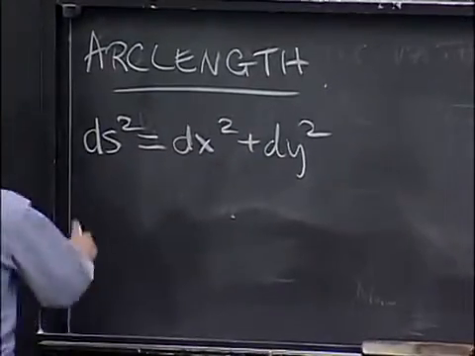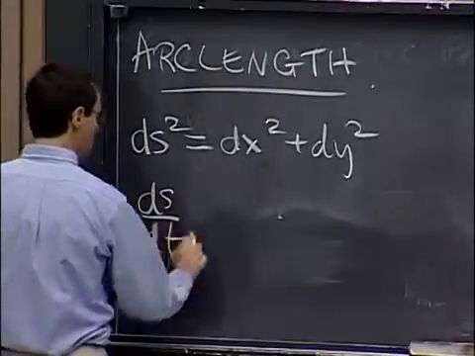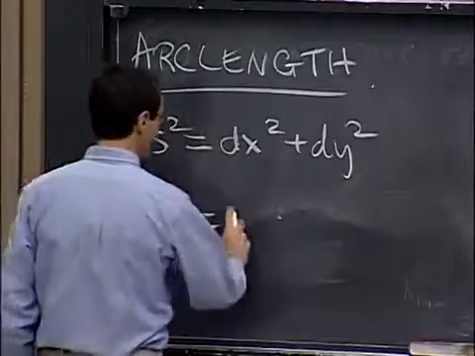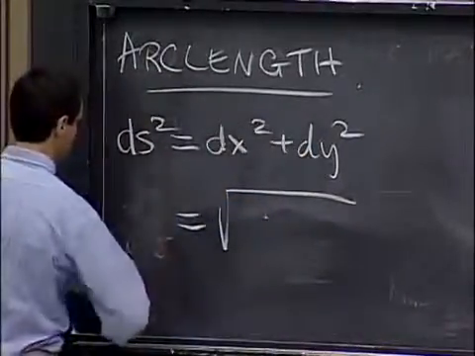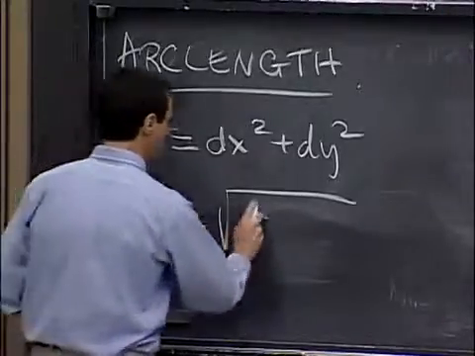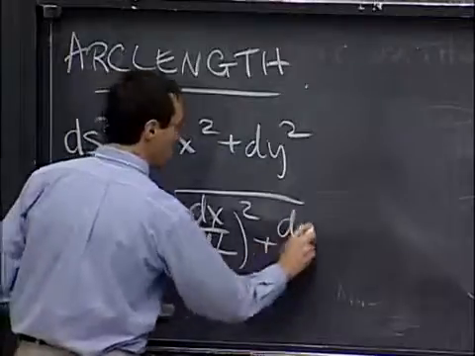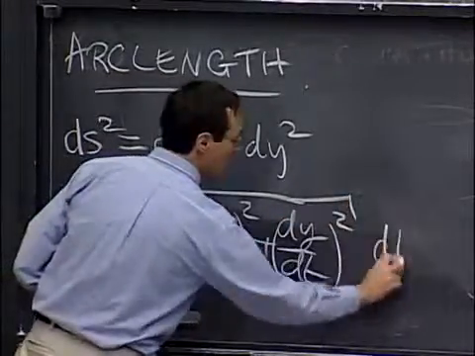And then I'm going to take the square root, divide by dt. So the rate of change with respect to t of s is going to be the square root. Well, maybe I'll write it without dividing. I'll just write it as ds. So this would be the square root of the quantity dx dt squared, plus the quantity dy dt squared, times dt.